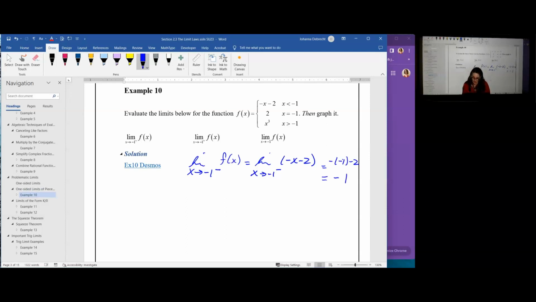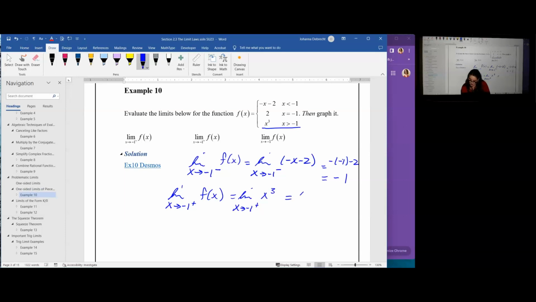What about from the right? From the right, we're approaching from values of x that are greater than -1, not equal to -1, greater than. For those, we need this bottom rule. So this will give us the limit as x approaches -1 from the right of x cubed.